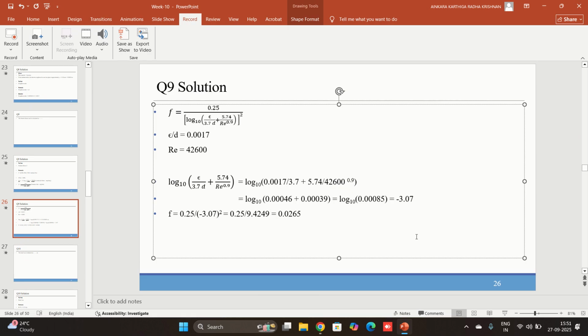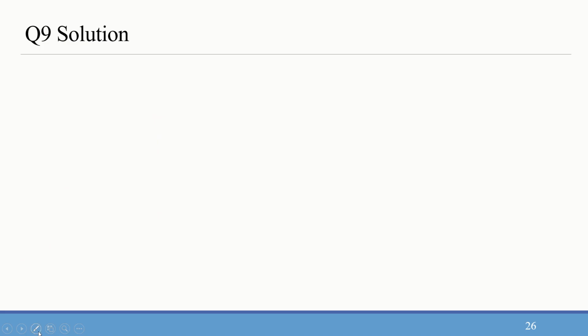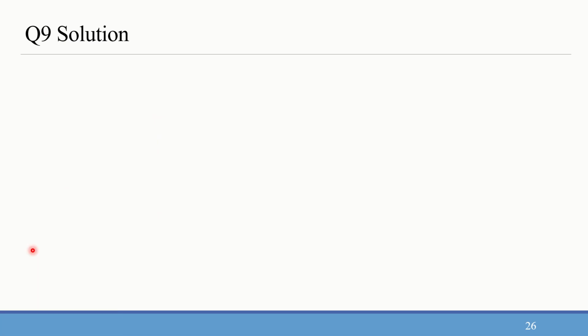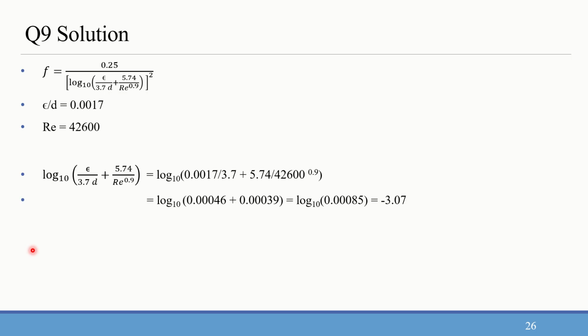If you find anything while reading the PPT again, just let me know so I can change it from my end. But yeah, the answer is 0.0265, so we are just taking 2 or 3 terms. So this is the question 9 solution.